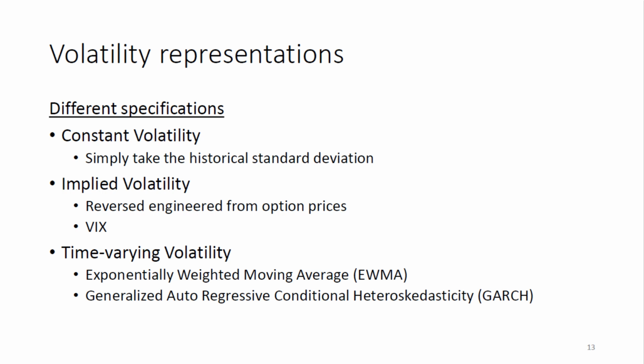The second thing that you could do is use an implied volatility. How does that work? As you remember from the Black-Scholes formula, to determine the price of an option, you have to put in the volatility and other variables. What you also could do is say, well, I observe the price of the options and I'm going to see what the volatility is that I have to put into the Black-Scholes formula to get to this observed option price. That's in fact reverse engineering the volatility from the Black-Scholes price.